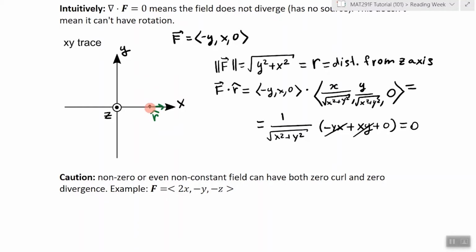So at this point, for example, this is a point with some x coordinate and then y equals 0 and z equals 0.